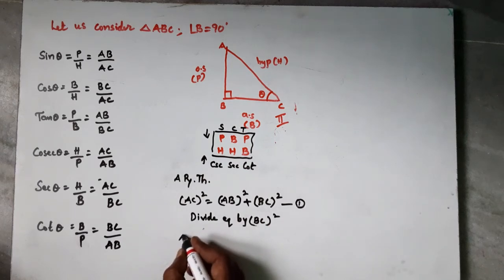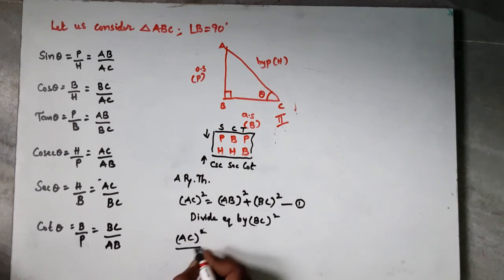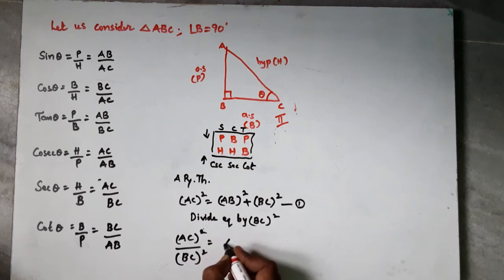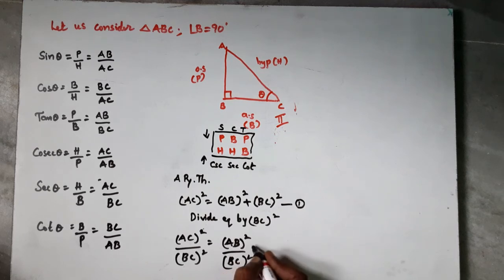So AC square by BC square is equal to AB whole square by BC whole square plus BC whole square by BC whole square.